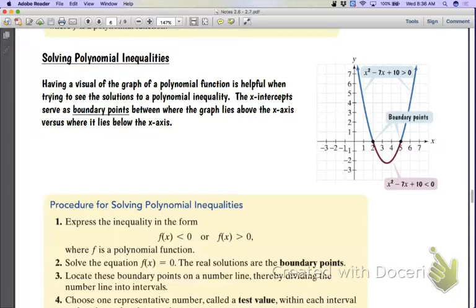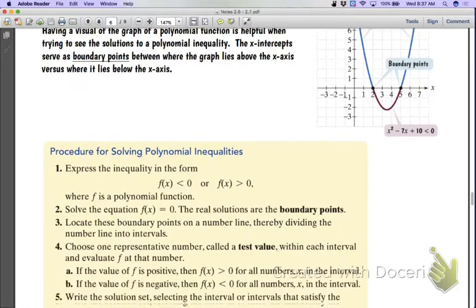Since it's not including those two boundary points of 2 and 5, that's that threshold that we cross over to where it is 0. So that gives you that visual that the intercepts in this case serve as those boundary points as far as when it's a positive number or when it's a negative number.